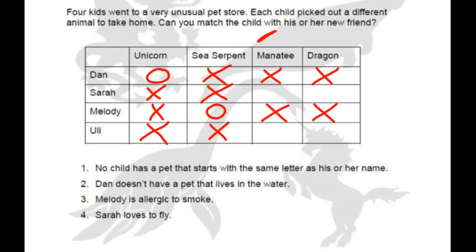All right, so Sarah and Yuli, we're not sure what's up with them. Number 4, Sarah loves to fly. Well, what flies, a manatee or a dragon? Well, a dragon. So Sarah is going to have the dragon, which means we put X's to the left and right and up and down from that circle. And that leaves Yuli with the manatee. Logic puzzle done.